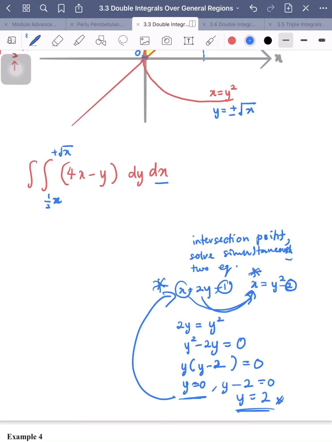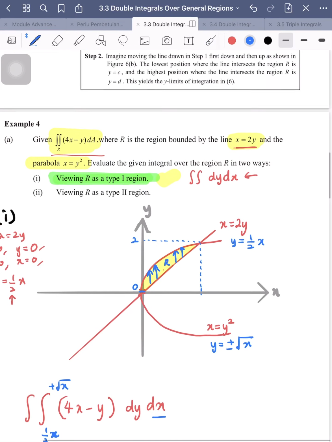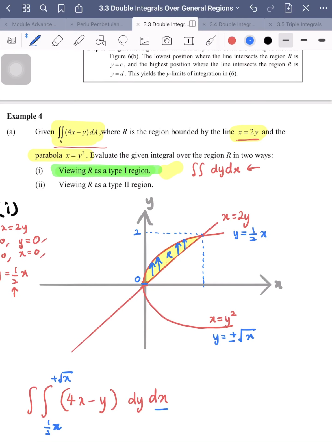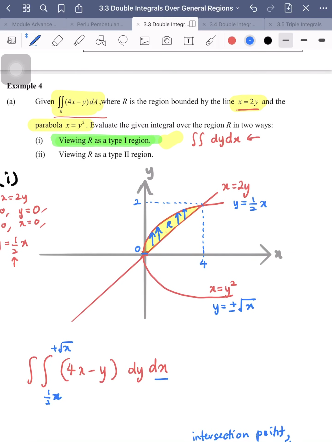So when y is 0, x is also 0. When y equal to 2, x equal to 2y, so x equal to 4. So here is the value of 4. You see that the limit for x is from 0 until 4.